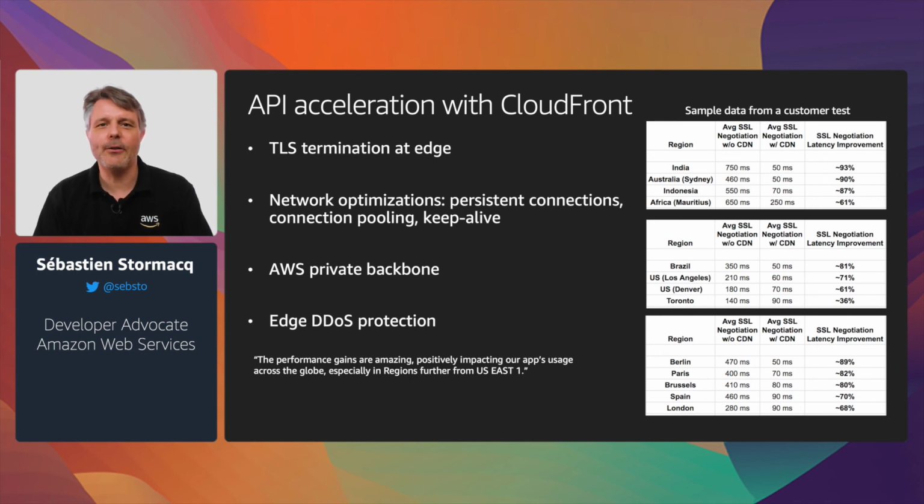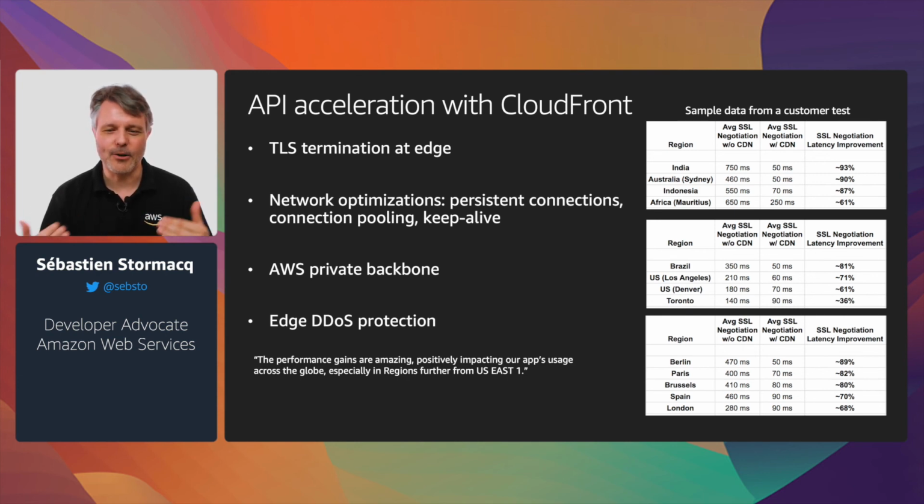CloudFront is not only for content, it works super well for APIs as well, because it allows your customer to connect to the CloudFront POP for the API, to terminate the TLS connection on the edge, and then to use optimized connection over the AWS global network between the POP and your actual API endpoint. And the further your customer is away from the specific region, the higher is the benefit. Look at the numbers there.